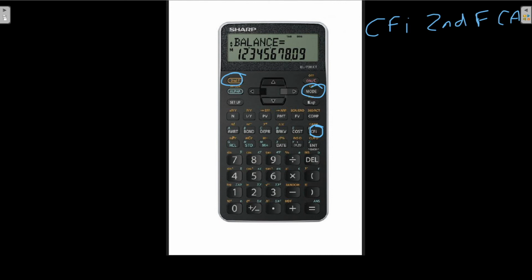Okay, and then you start to enter the data. So for the first, at time T0, we had -10,000. So you will type in your 10,000. And then you press the positive negative button, and you press enter.